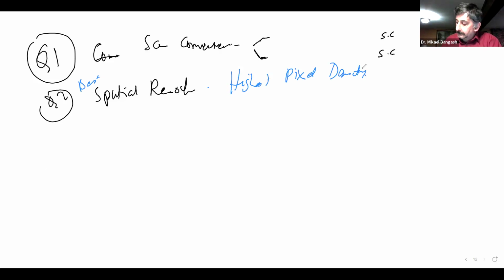Here, the highest pixel density is going to be 1,000 by 1,000, which means that if we had 1 square inch, that would be 1,000 pixels this way and 1,000 pixels this way.